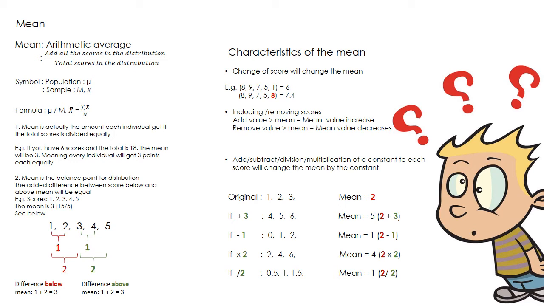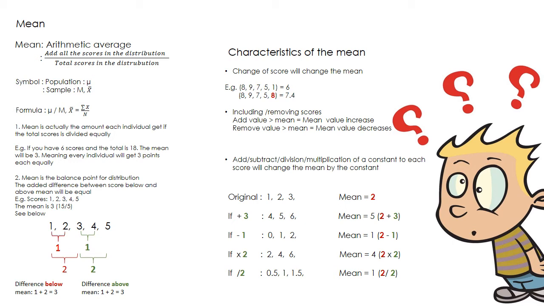When you're referring to the population, you use the symbol mu, a Greek letter. When you are using a sample, we usually use capital M or X bar to represent the mean. So what is the formula? X bar or mu or M is the sum of X, the sum of total scores, divided by the number of scores in the distribution.